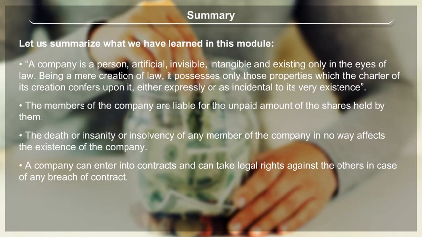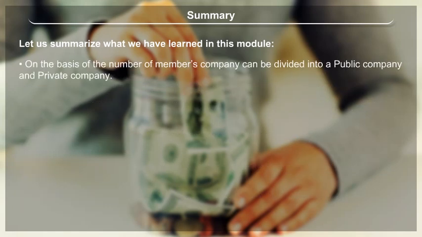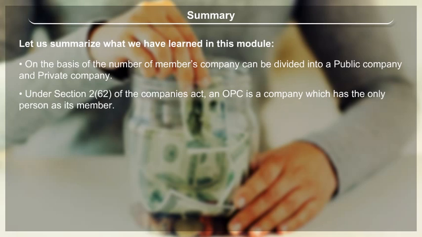The unlimited company is the company in which there is no limit on the liability of its members. On the basis of the number of members, a company can be divided into a public company and a private company. Under Section 2(62) of the Companies Act, an OPC is a company which has only one person as its member.